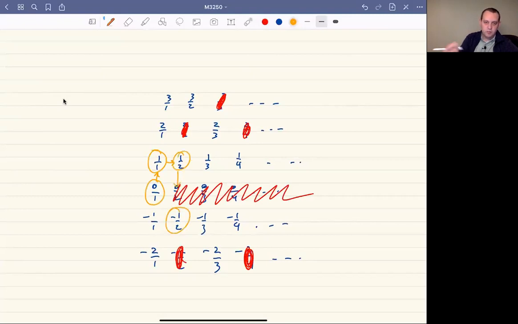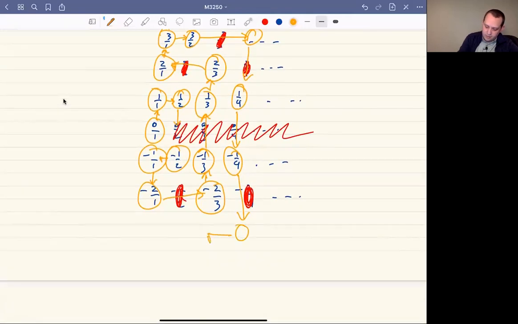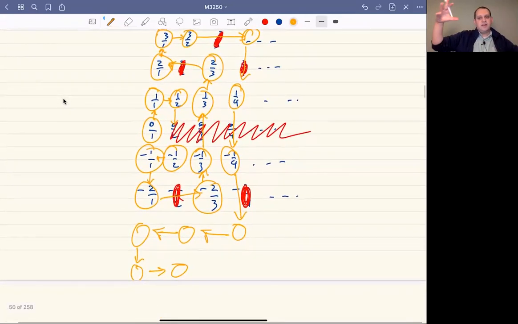I'm going to skip over the terms that we've already counted, and then to the left, and then down, and then to the right, up, up, up, to the left, up, to the right, down, skipping over all the terms that we've already counted, down, down, and then go to the left, again skipping all the terms that we've already counted. And if we count this way, we'll eventually fill up the entire grid. There won't be any number on the grid that we've missed.